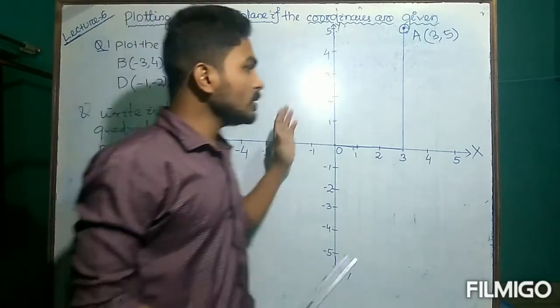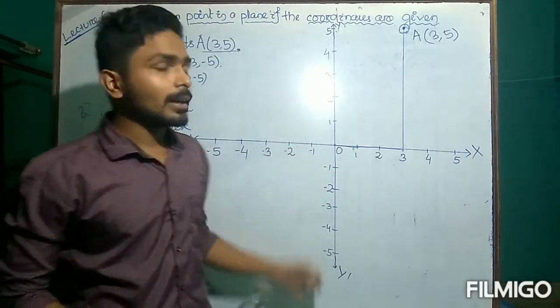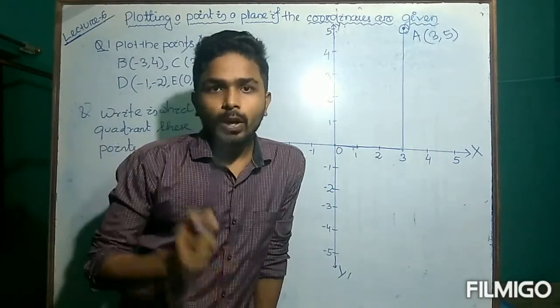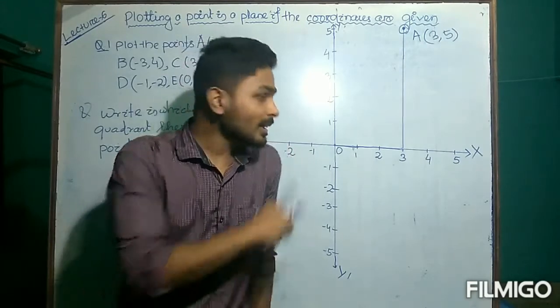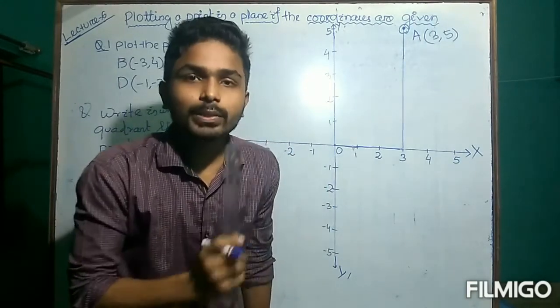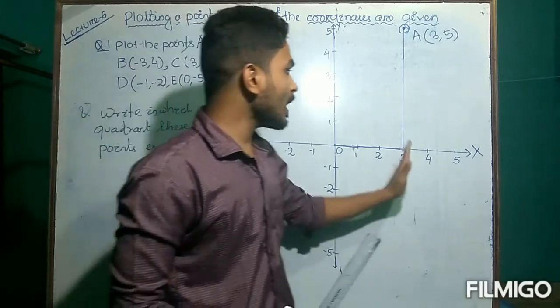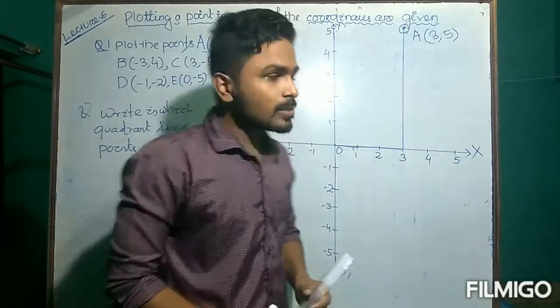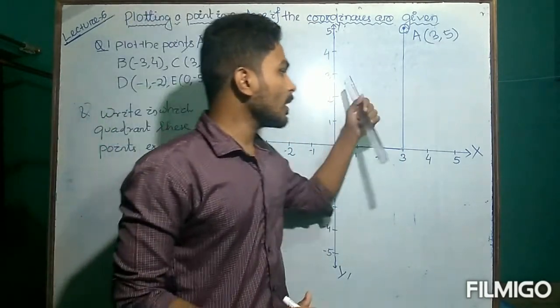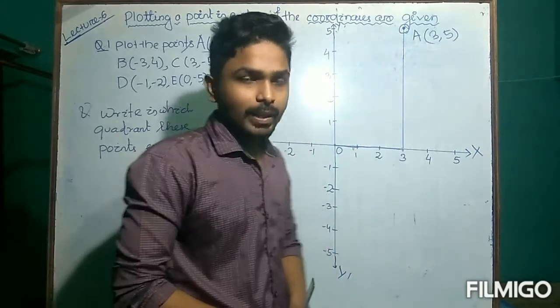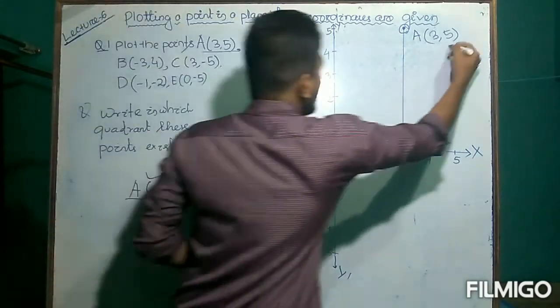When you do these graphs, you need to draw them on graph paper, not plain paper. Always use graph paper, and in graph paper there are already vertical lines, so you do not need to use the scale. So this is the point A (3, 5).